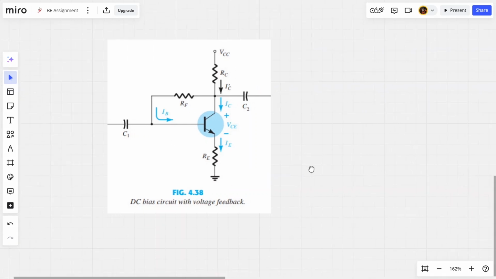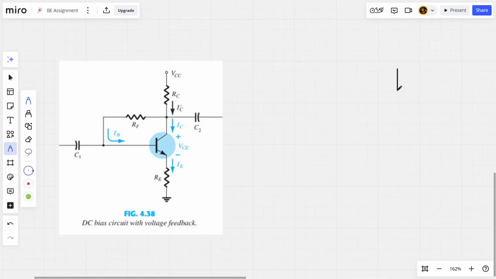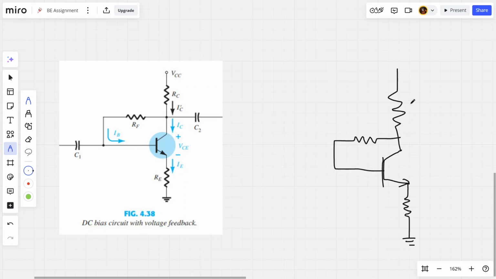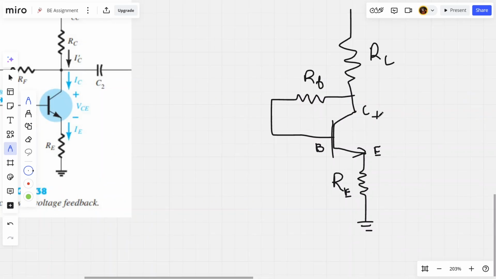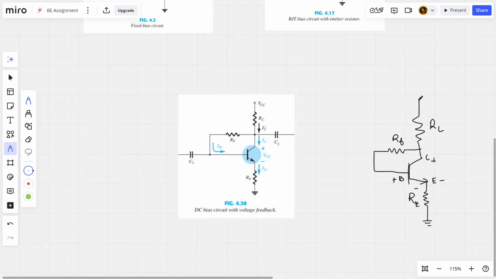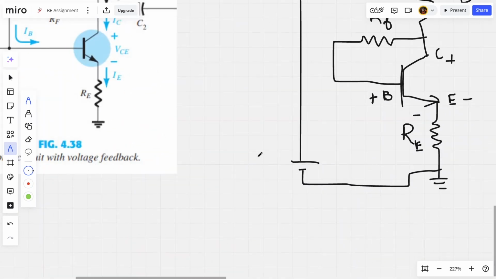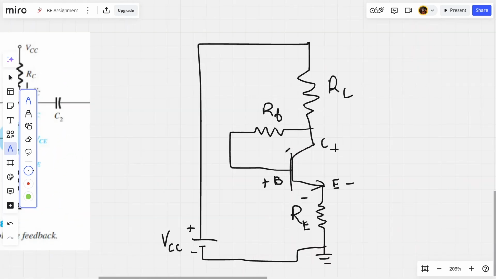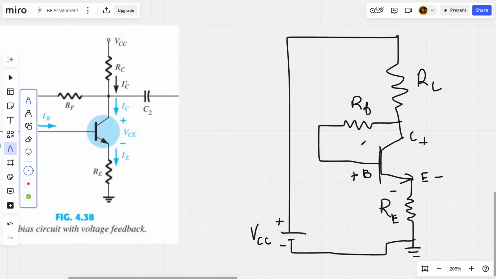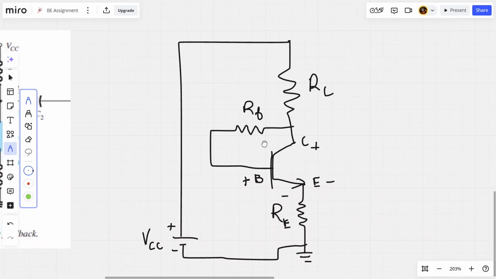So now let's take a look at the equivalent circuit. So this will be the equivalent circuit for this. And now we'll see how the current will work in this.